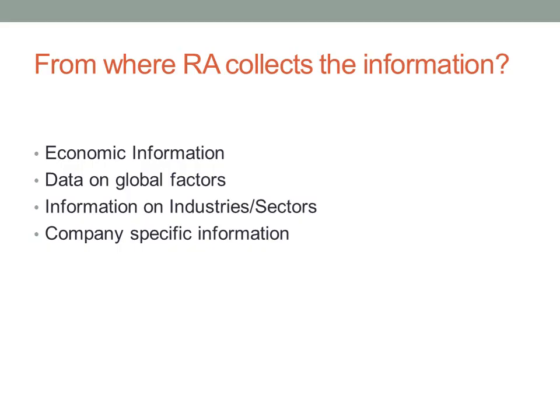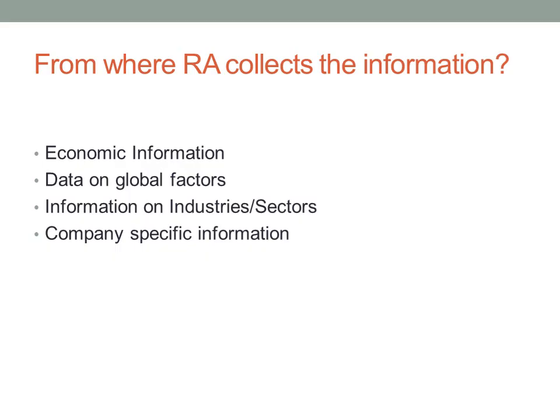So for doing research, the right information is very important. Now we will see from where a research analyst collects the information. The first information which they consider is economic information like GDP growth, fiscal deficit, debt to GDP ratio, current account deficit, etc. This information they collect from government statistics and data provided by the central government.